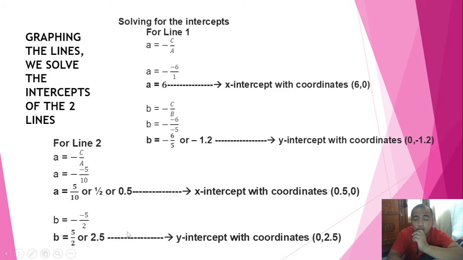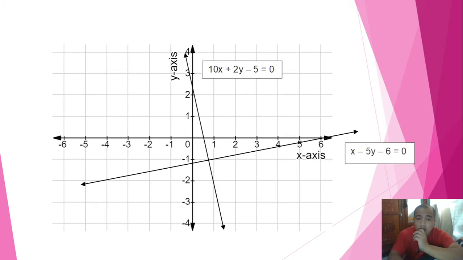For y-intercept, 2.5 or 5 halves. Okay, plotting the 2 points here, connecting them, forming two intersecting lines. And you can see here that they are perpendicular. They form 4 right angles here. So this one is the line 10x plus 2y minus 5 equals 0, and this line is the line x minus 5y minus 6 equals 0.